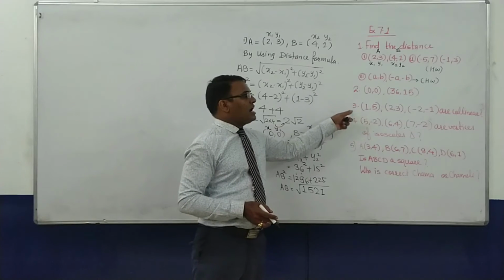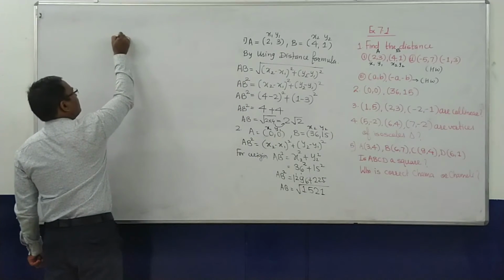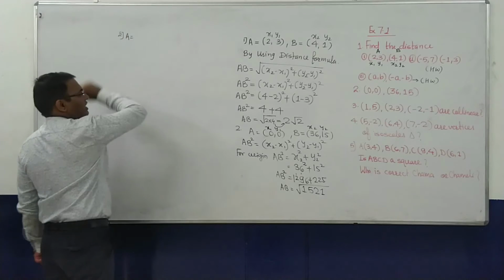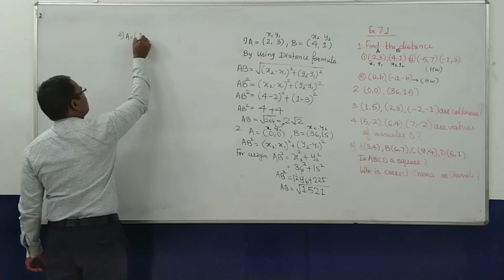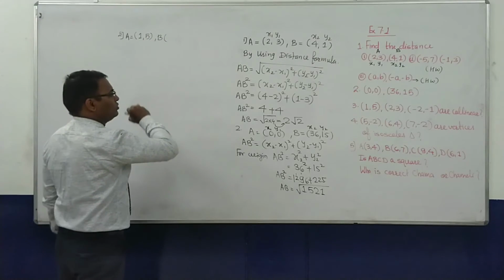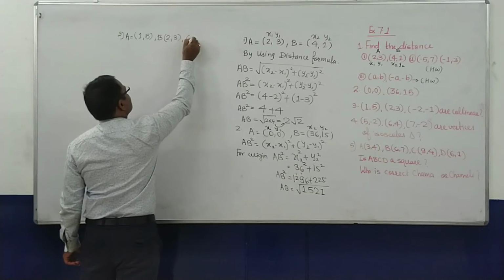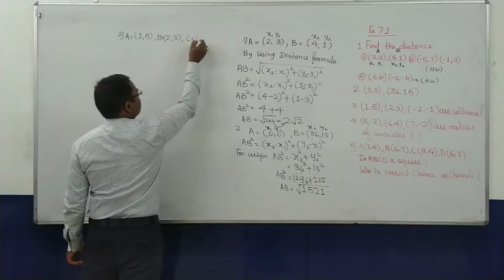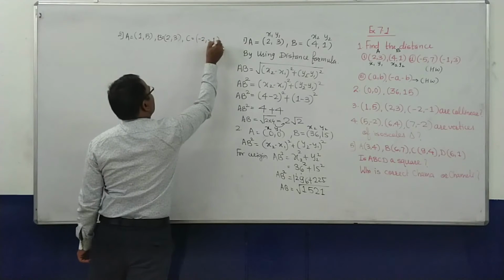Question number 3. Are these points collinear? So what are the given points? A is equal to 1, 5. B is equal to 2, 3. And C is equal to minus 2, minus 1.